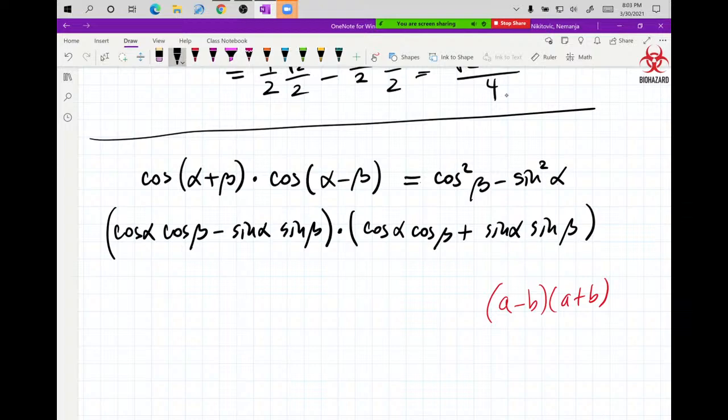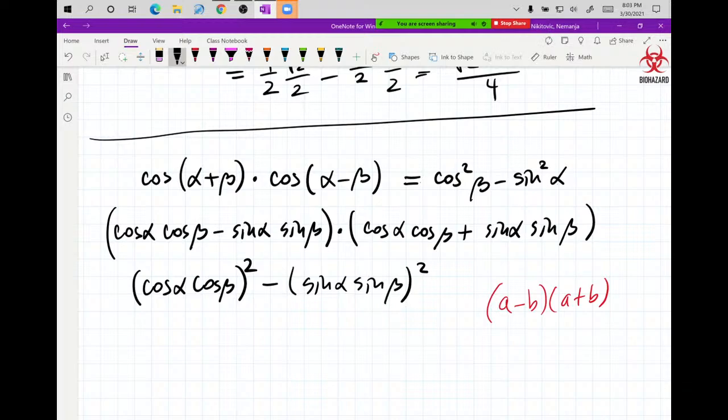So we can write this as cosine alpha, cosine beta, squared, minus sine alpha, sine beta, squared.